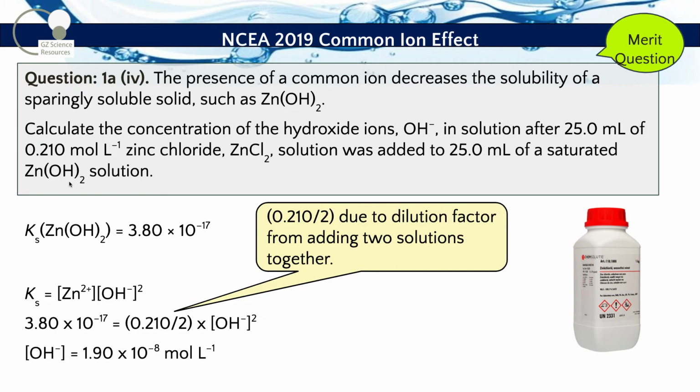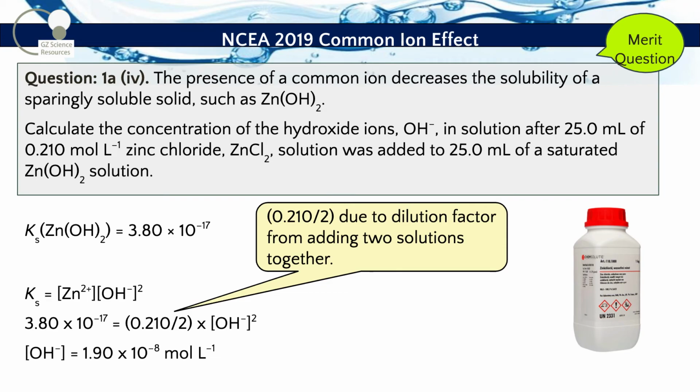The first step is to calculate what? In one of these solutions, before we combine it, what am I looking for? The concentration of the common ion. We're trying to find the concentration of the common ion using this equation, right? The concentration of zinc 2 plus is equal to the concentration times volume in its initial solution before we combine it with another, divided by the total volume of that combined solution.